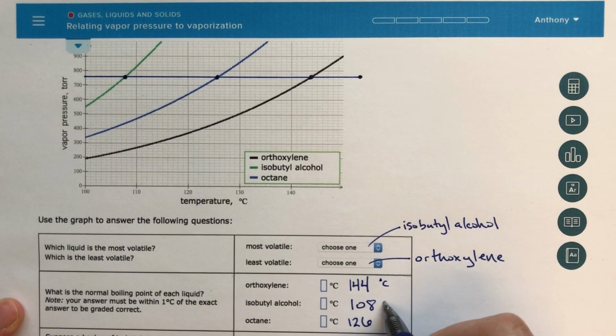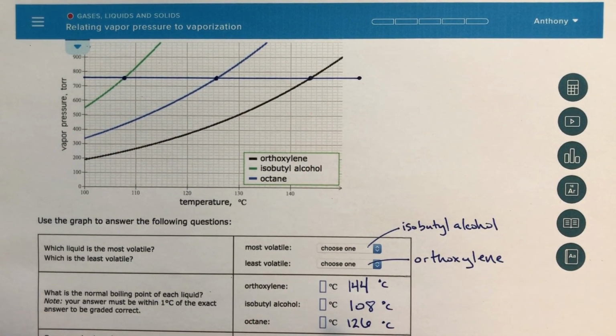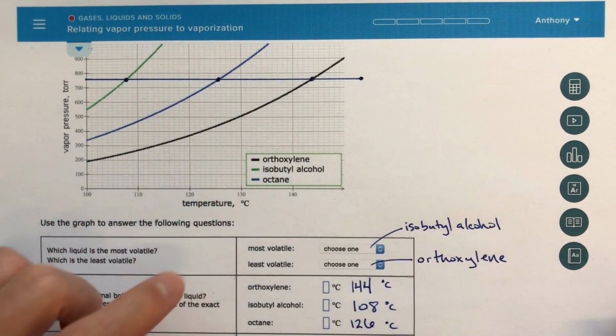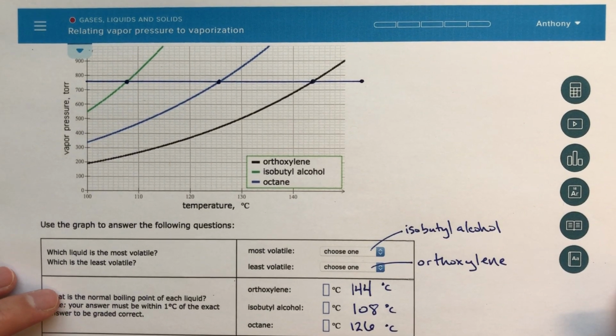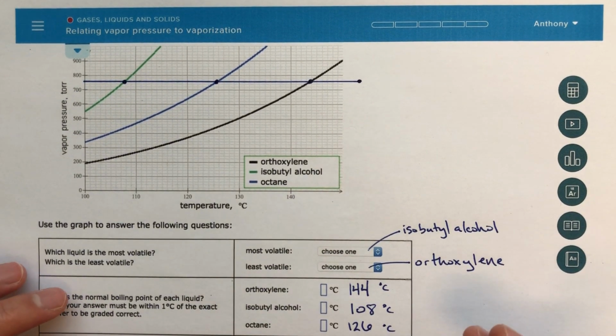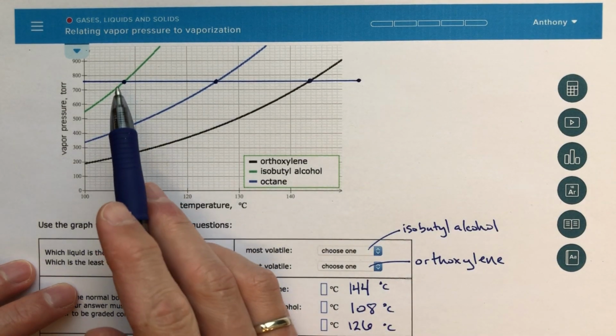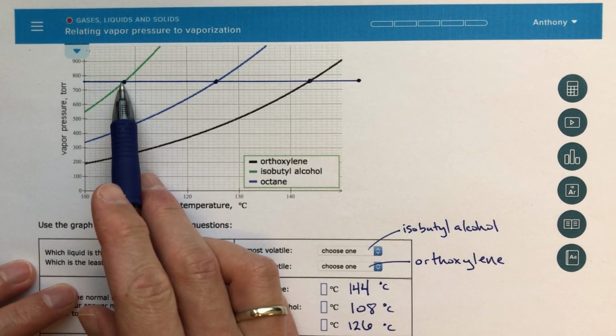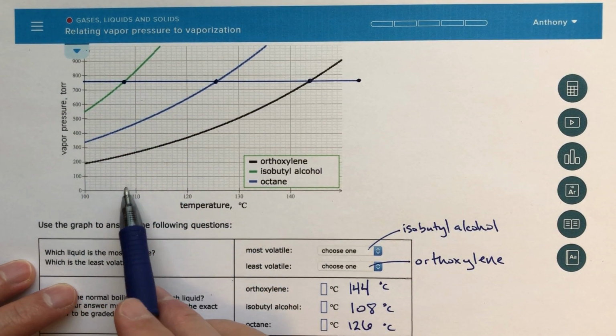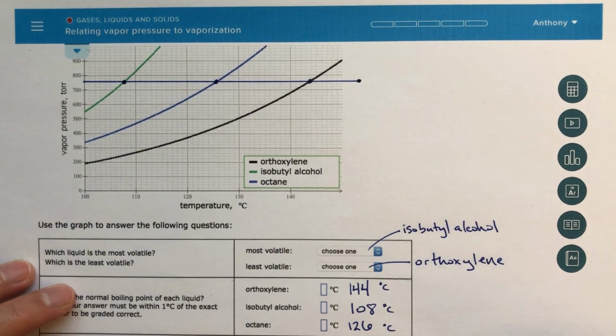That's going to be our different boiling points. And again, the relationship between boiling point and vaporization is that when the vapor pressure equals the atmospheric pressure, that's the boiling point. If the vapor pressure equals 1 atmosphere, 760 millimeters of mercury, that's the normal boiling point of that liquid.